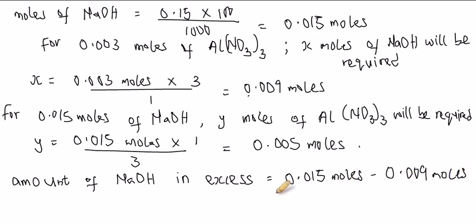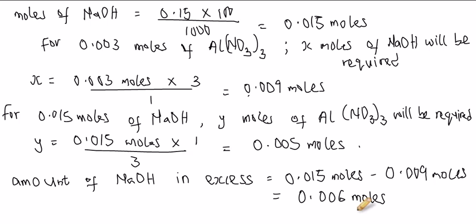So this gives 0.006 moles. So the amount in excess is now 0.006 moles. And then in the question we are asked to give the volume that will be in excess. That means we need to convert our moles to volume. And how do we do that? We'll go back to the formula we used earlier.